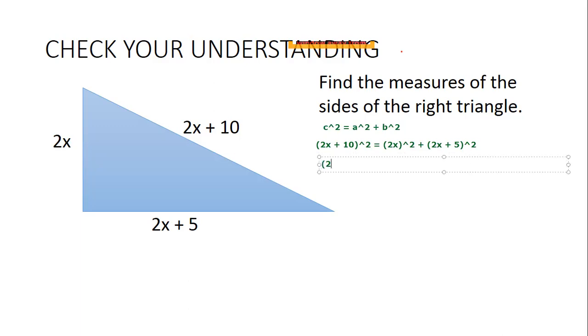So this will be (2x) squared plus 2 multiplied by 2x multiplied by 10 plus 10 squared, which is equal to (2x) squared plus (2x) squared plus 2 multiplied by 2x multiplied by 5 plus 5 squared.